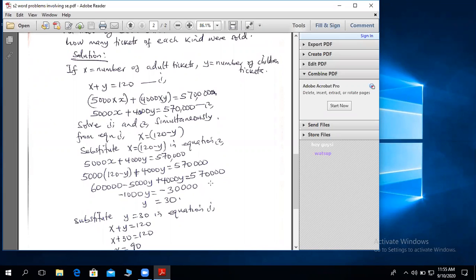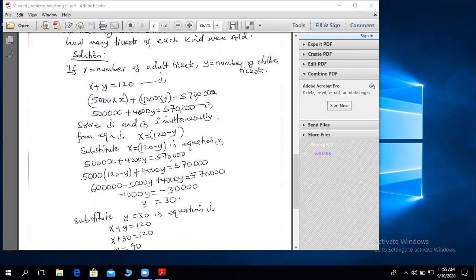And when I subtract, I get negative 30,000. Calculators, help me get this, 570,000 minus 600,000, and find out if this is the answer. And when I divide by negative 1,000 on both sides, I get my value of Y as 30.